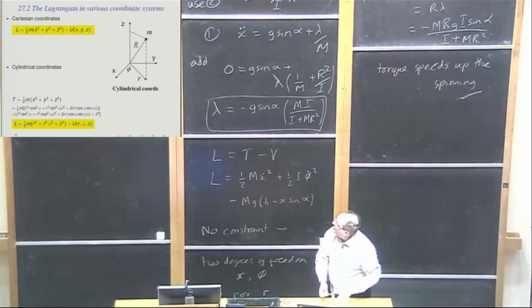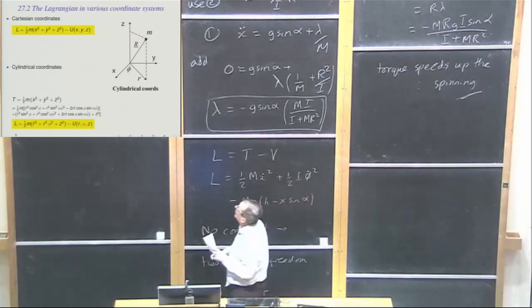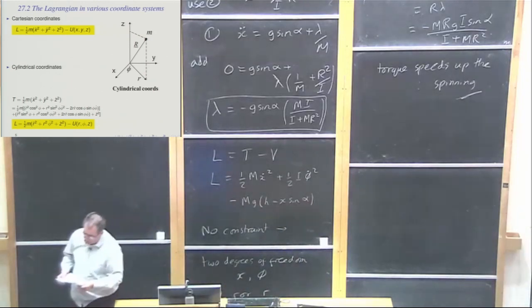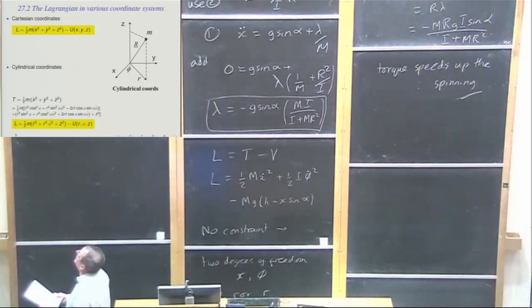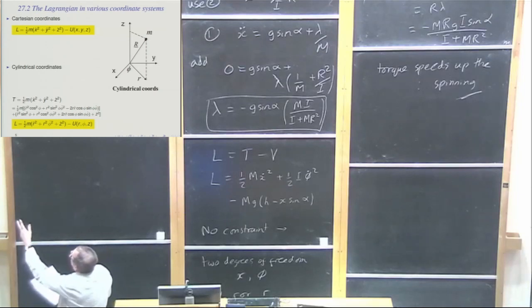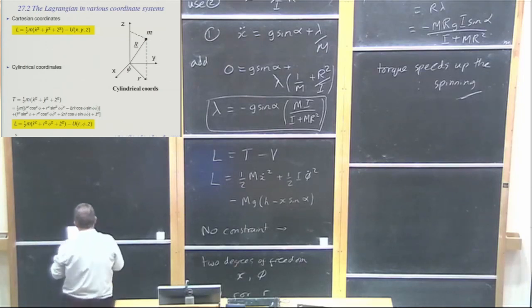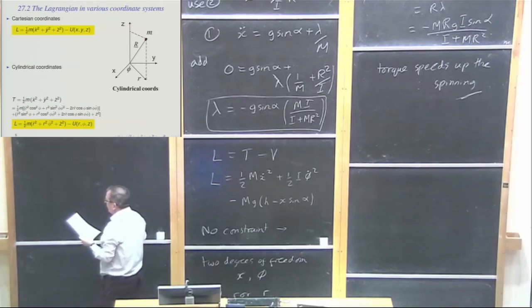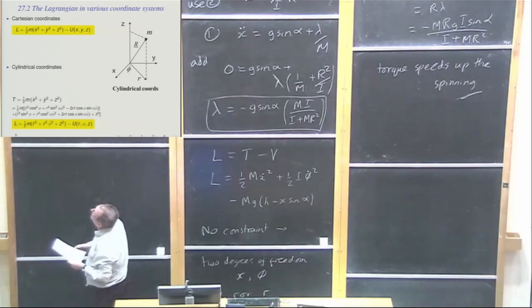Right, now let's consider going to 3 dimensions and how we would write the Lagrangian in 3 dimensions, and we'll consider a bunch of coordinate systems. So firstly, Cartesians, and this is trivial, right?